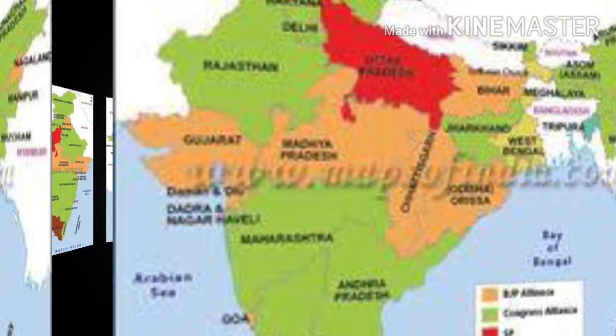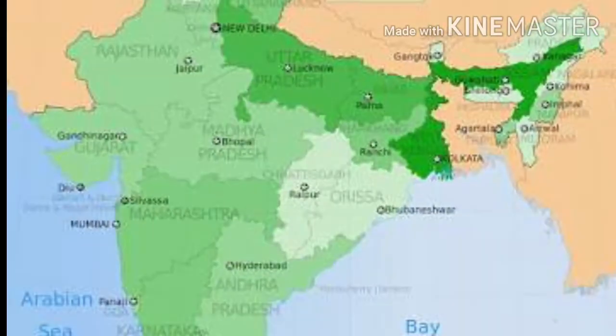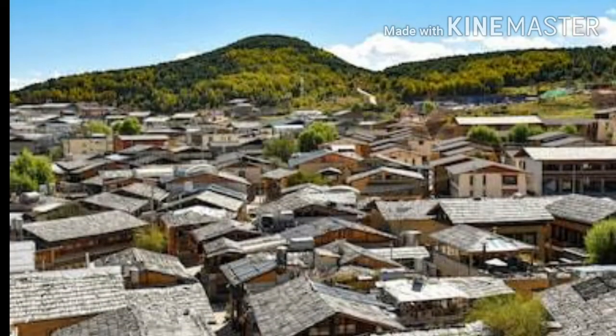Otherwise, we can see another, the land use map. In that map, suppose you go to a village, the village people use some parts of the land in that village for pasture. Pasture means grassland.